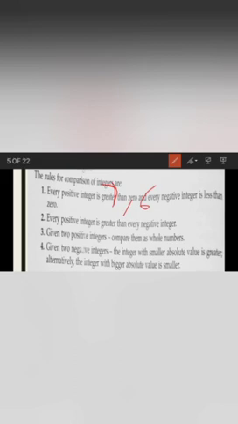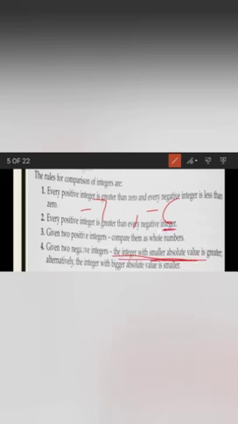And now given two negative integers, in that case the integer with a smaller absolute value is greater. For example, if it is given -7 and -6, to compare this, the integer with a smaller absolute value will be greater.